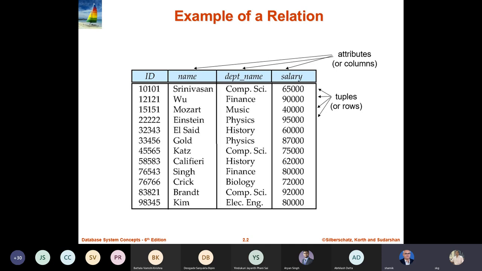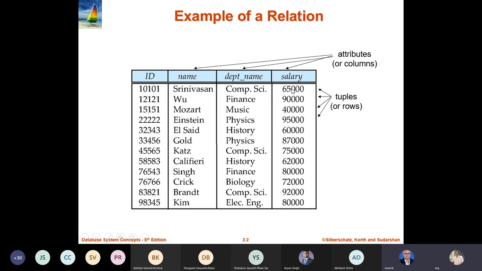Like here, if we see, every row has some ID, the name of that person, which department he or she belongs to, and a salary, maybe monthly or annual salary, something it is representing. So every row represents a related item set, right?